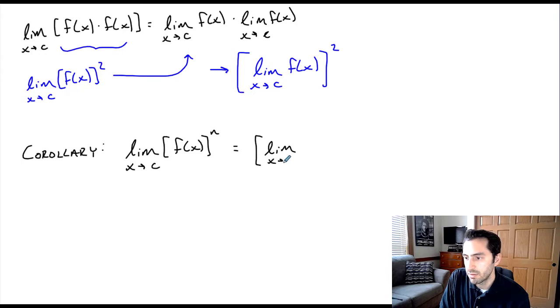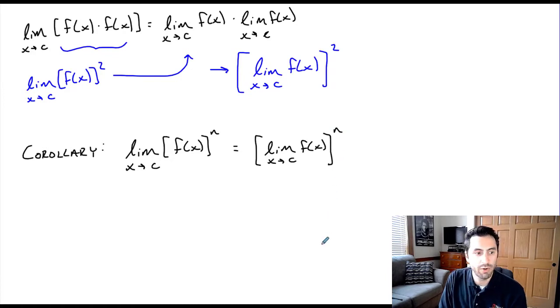So the limit as x approaches c of f of x, and then the whole thing to the power n. Okay, now let's use this property in an example.